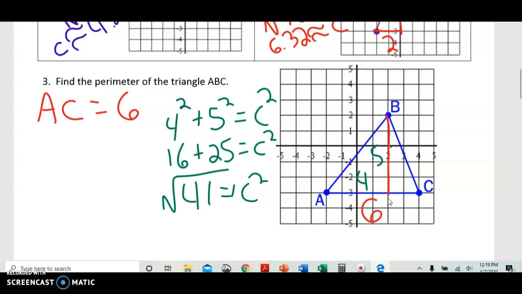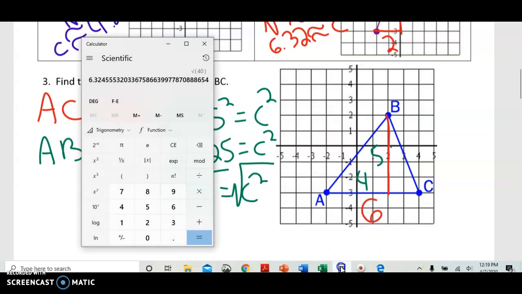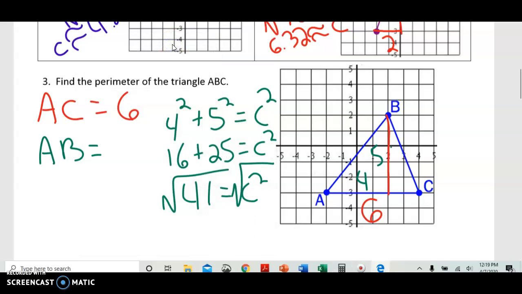Take the square root of both sides, and we're going to find out that AB, which is our c, is the square root of 41, approximately 6.40, so 6.4.